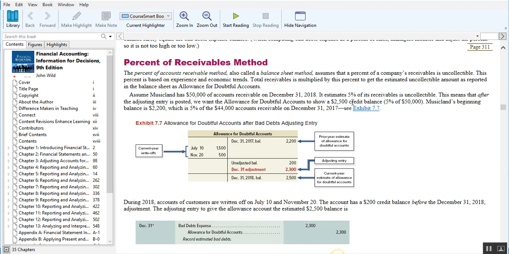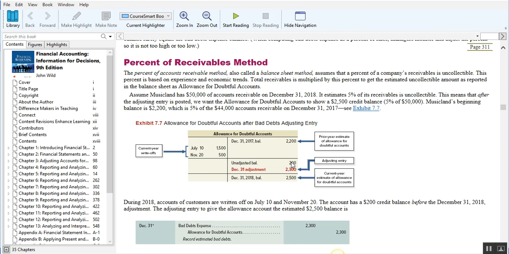This is what the entire allowance account should have as a balance when we get done. Now, in this example, in Exhibit 7.7, they have a balance of $2,200, but they've written off $2,000 worth of accounts. So we have a balance of $200 as a credit.